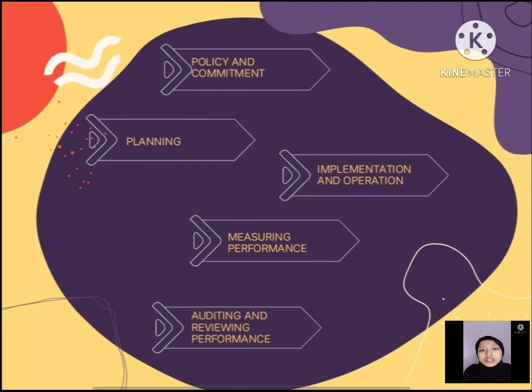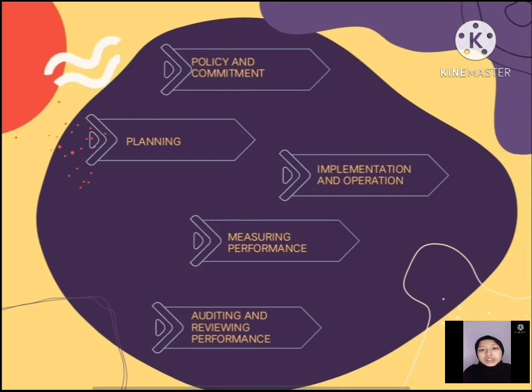The system safety usually includes policy and commitment that contribute to all aspects of business performance to continue the improvement. Planning for the effective management and arrangement for implementation and operation, which is explained before. This is to reduce the risk.